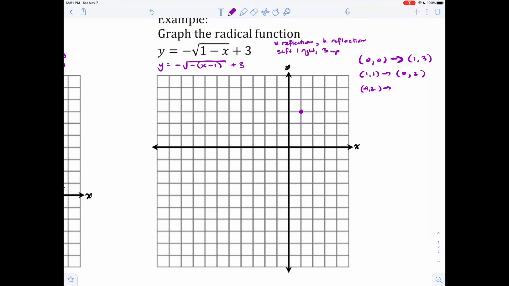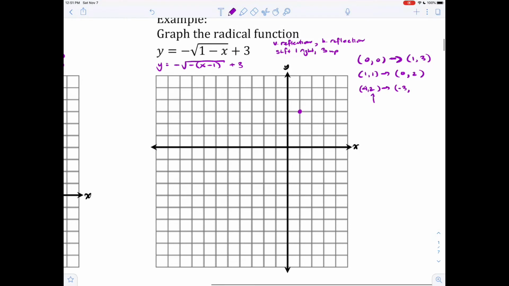There we go. All right, let's figure this out again. So this thing times negative 1 and then plus 1 is that. This thing times negative 1 plus 3 is that. Whew, that makes a lot more sense.